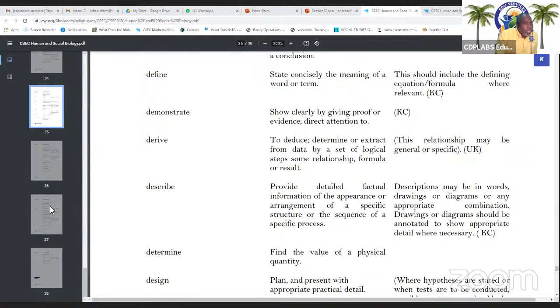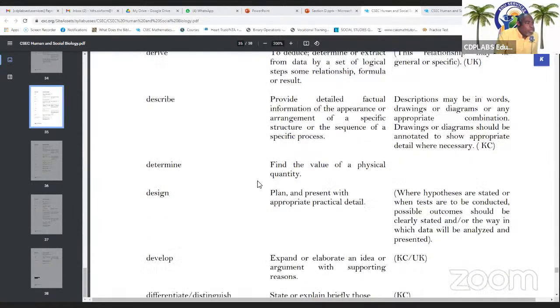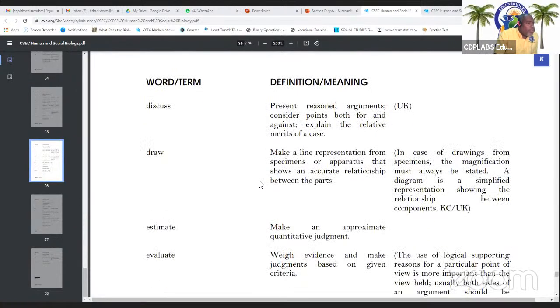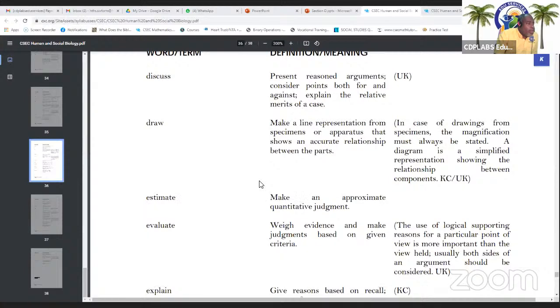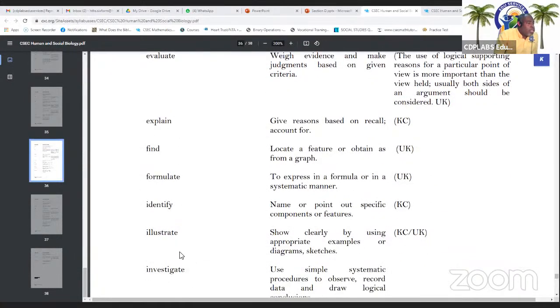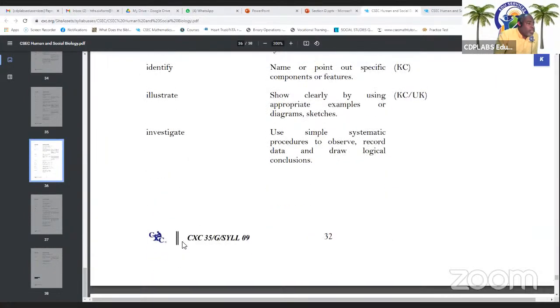So it is important for you to go through the glossary so you can understand what they're looking for whenever you're asked these questions. And these are actually what they give you in the exam.